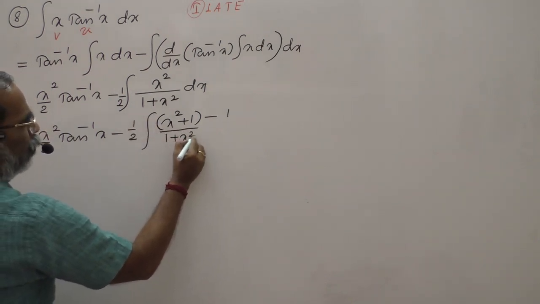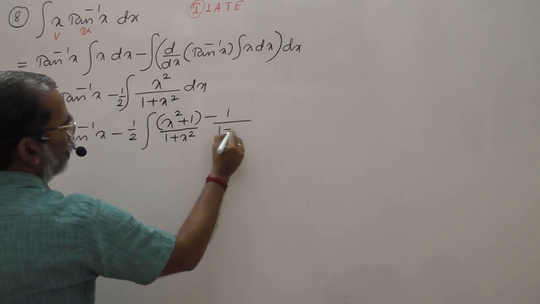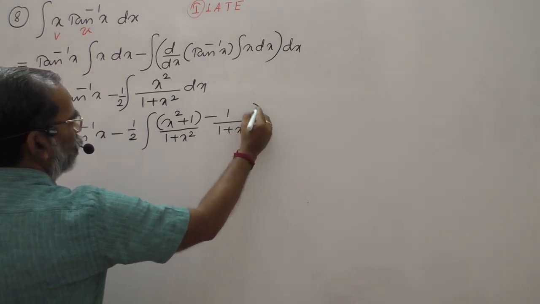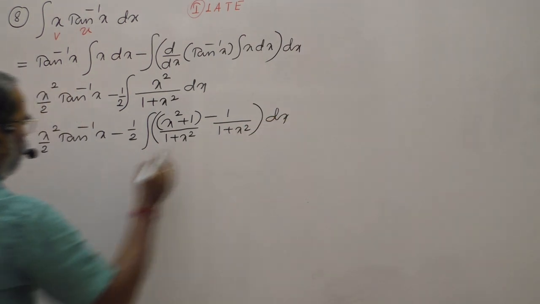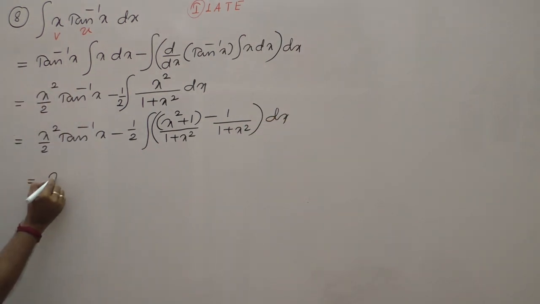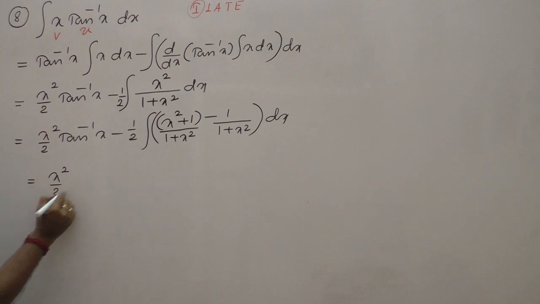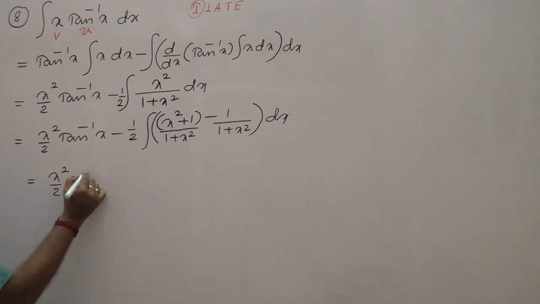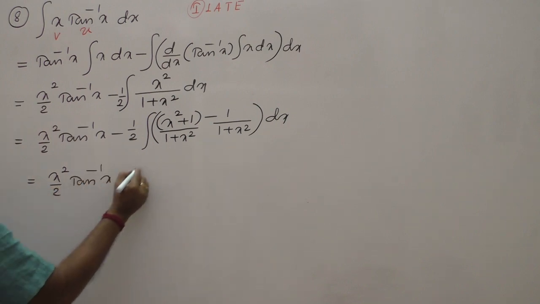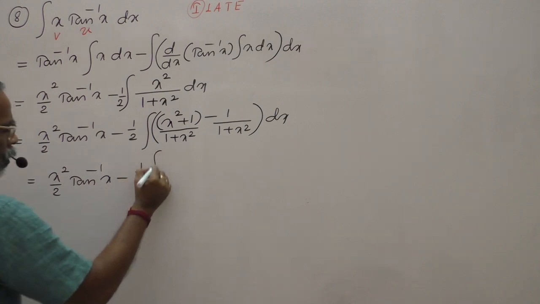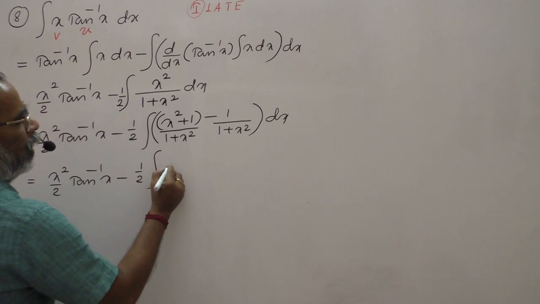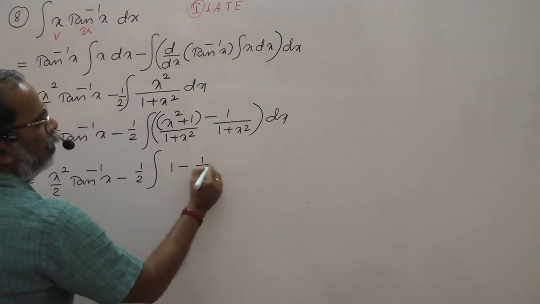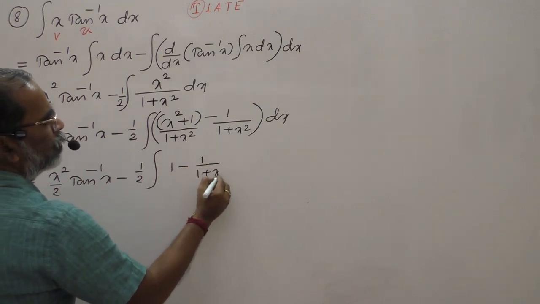So this is 1 plus x square, this is also 1 plus x square, into dx. Yes. Now this is x square by 2 into tan inverse of x minus 1 by 2 into the integral. These two get cancelled. We will have 1 and here 1 by 1 plus x square.